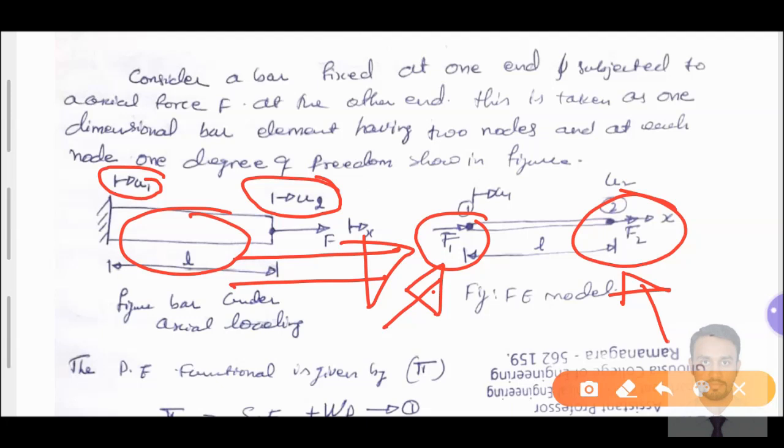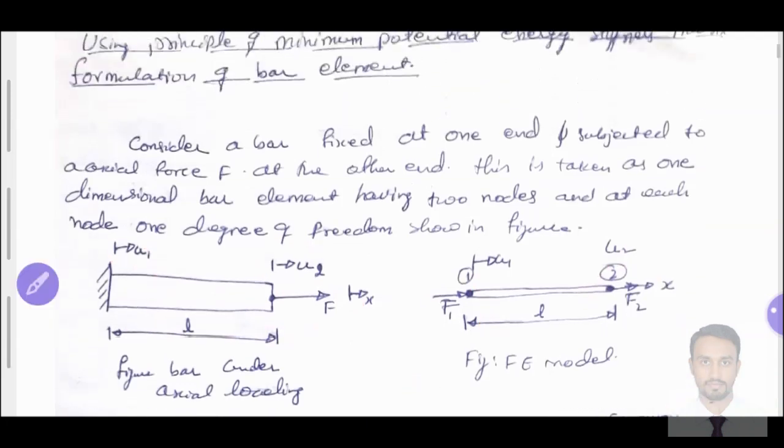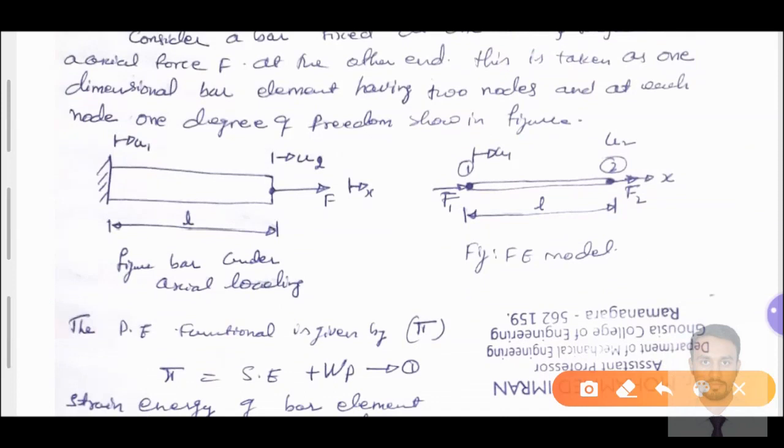But now, to derive the characteristics of the bar element, we will not consider a fixed portion, we will not consider a free portion, we will not consider any kind of characteristics. Bar means we just consider it as a bar. With respect to that, all nodes have the same characteristics before we bring it to the actual application, right?